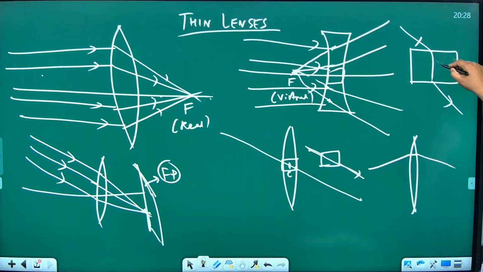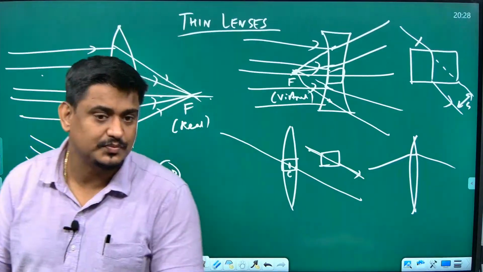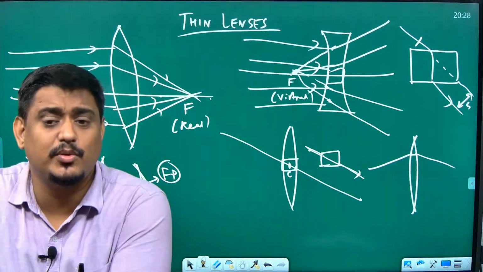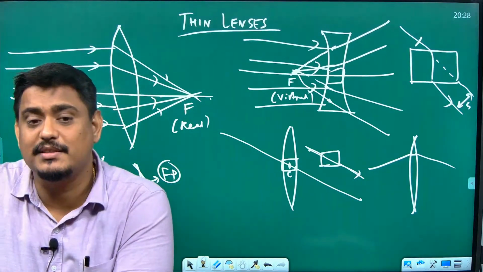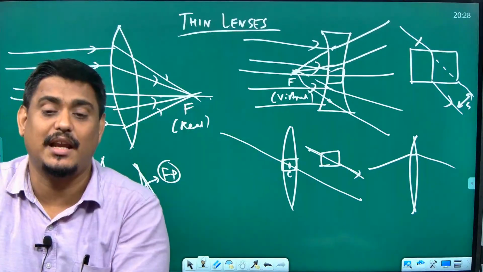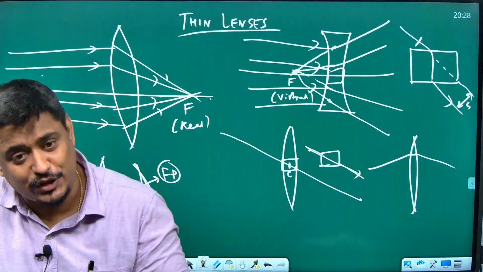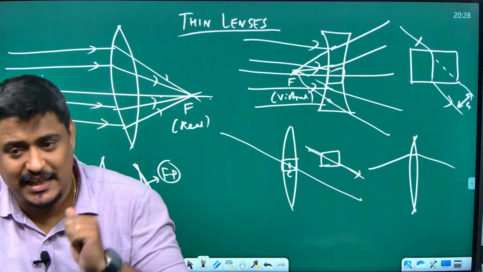There is something called lateral displacement, or shift. The shift formula is T into (1 minus 1 by mu), where T is the thickness of the glass slab. So, more thickness, more shift; less thickness, less shift.